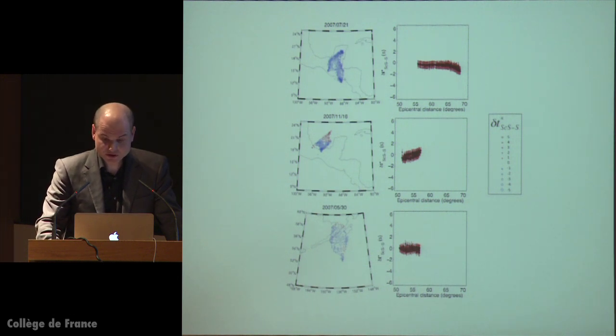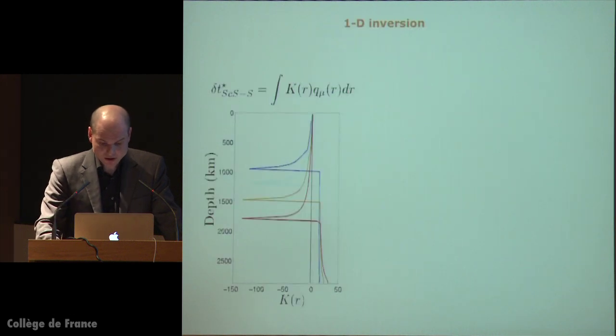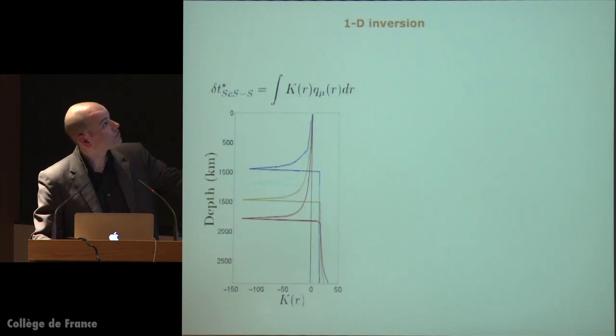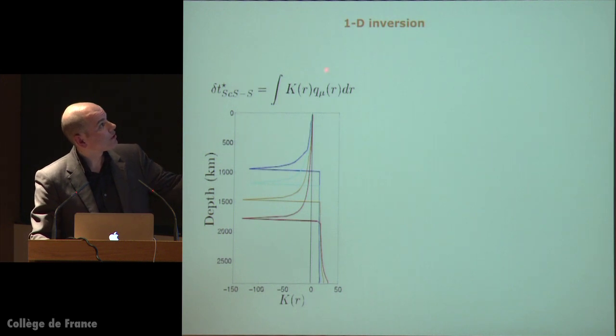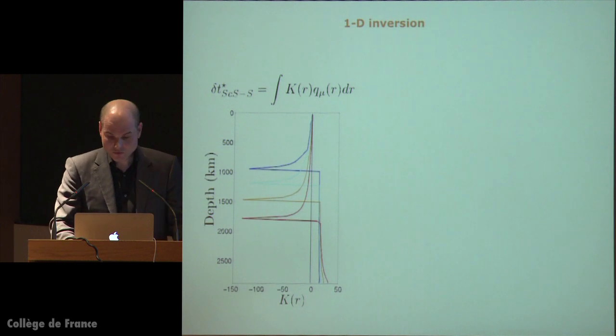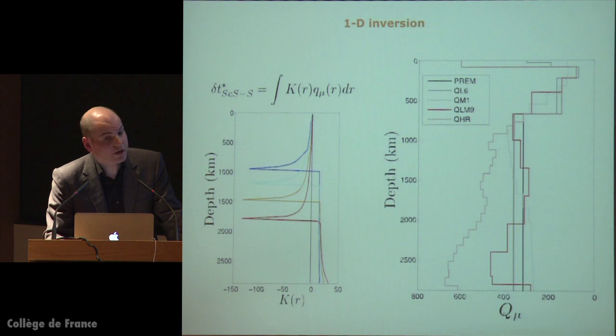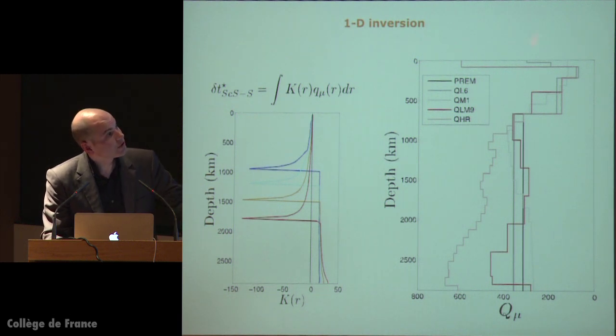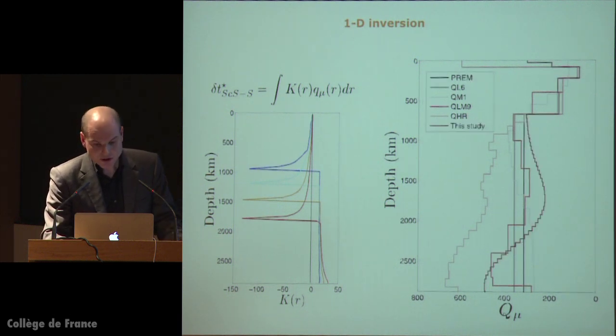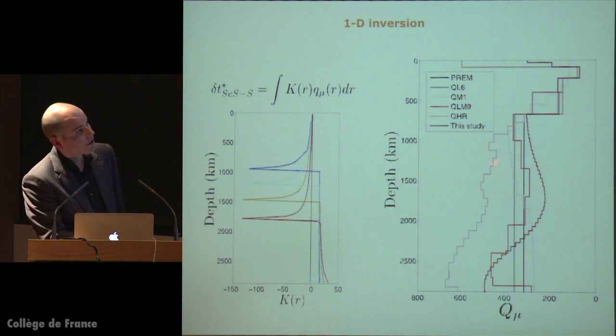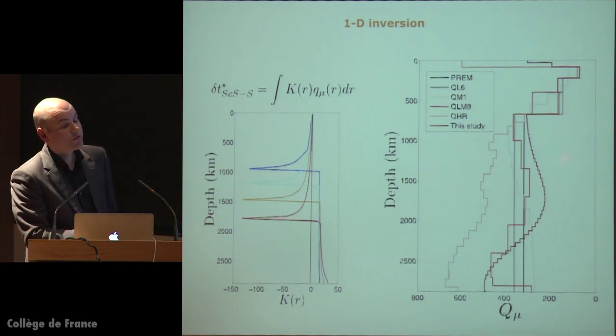We used these trends, assuming they are related to a 1D structure, to make what I will call a regional inversion for a 1D model. Those are the models that we had before, and this is the model that we have recovered from these three events.